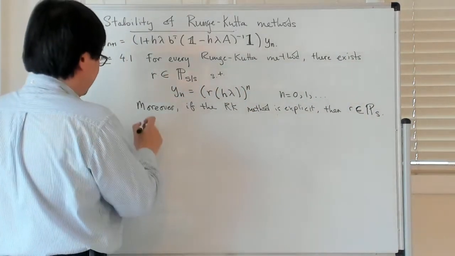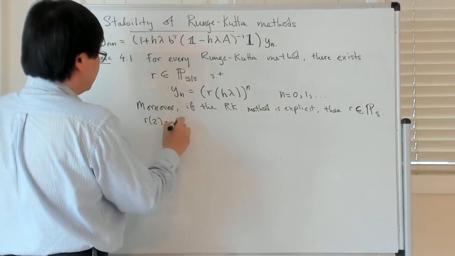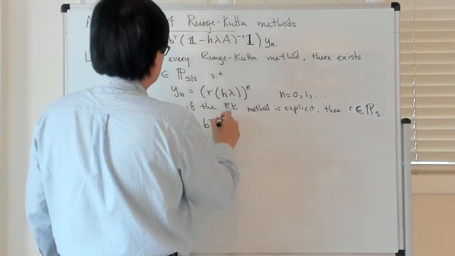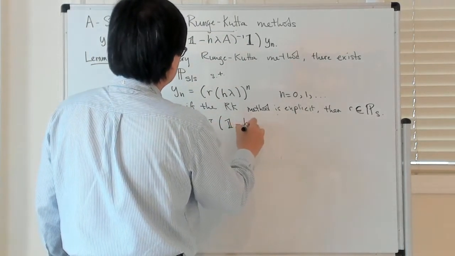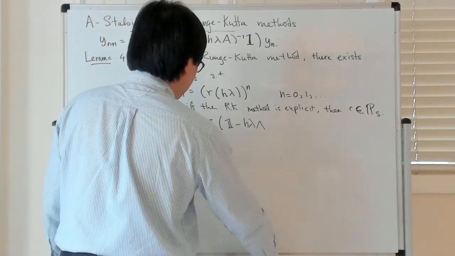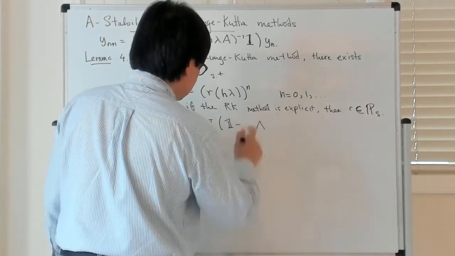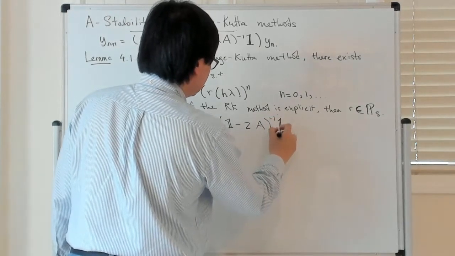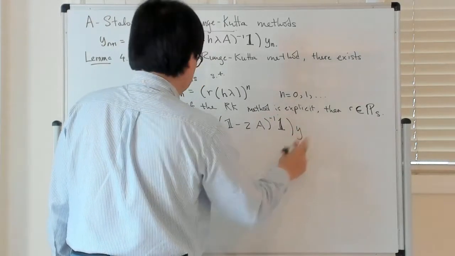So you have R(z), which is equal to 1 plus z b transpose, identity minus h lambda, well, zA, inverse acting on this vector of 1s.